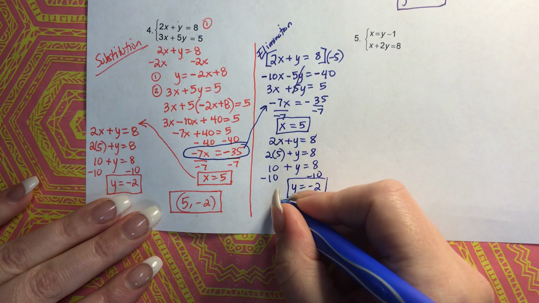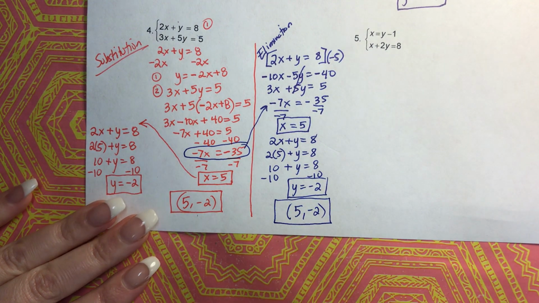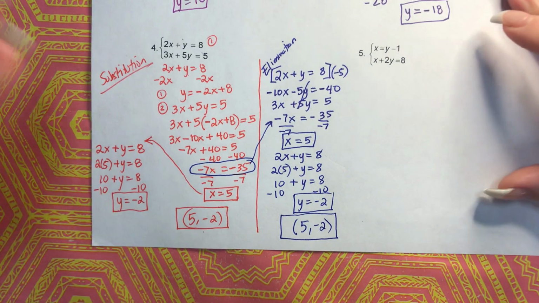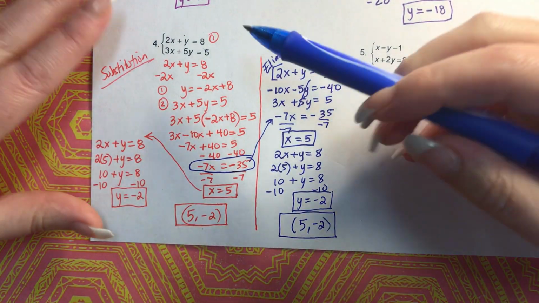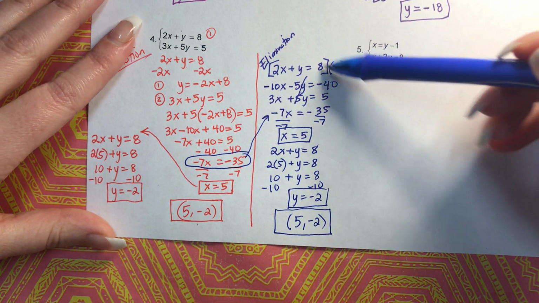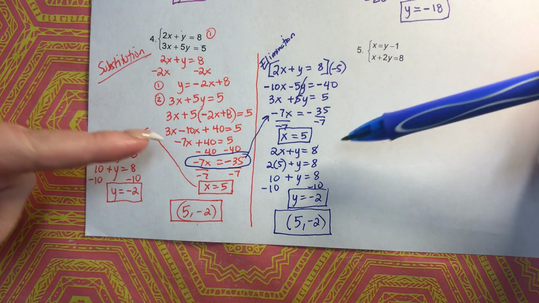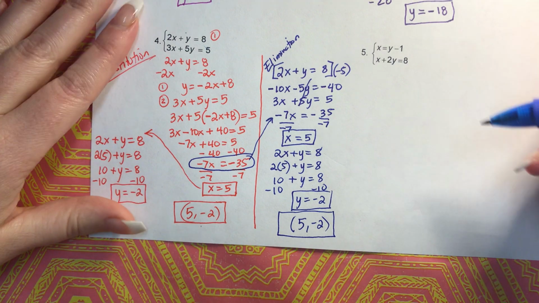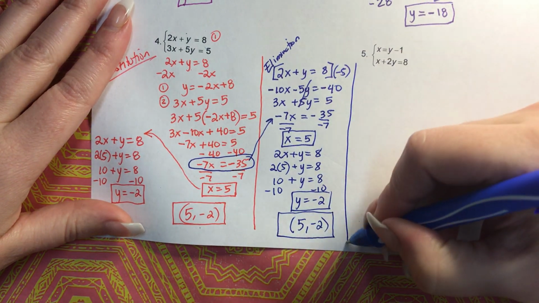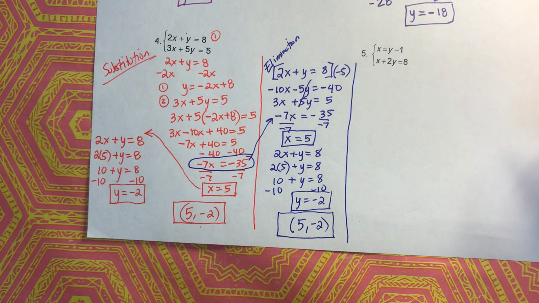Two different ways. And I would probably say with this one, I think that it was easier to find the answer through elimination. Just barely. It seems like it was less steps. But either would work, right? I could see either way.